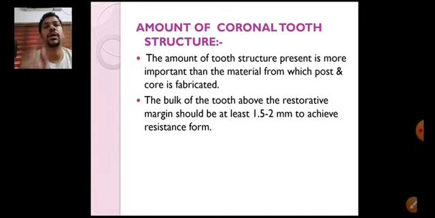If the coronal tooth structure is less than 1.5 millimeter, it's better to leave the tooth, and that tooth is indicated for extraction, because the prognosis will be poor or questionable when you attempt a post and core on that tooth.